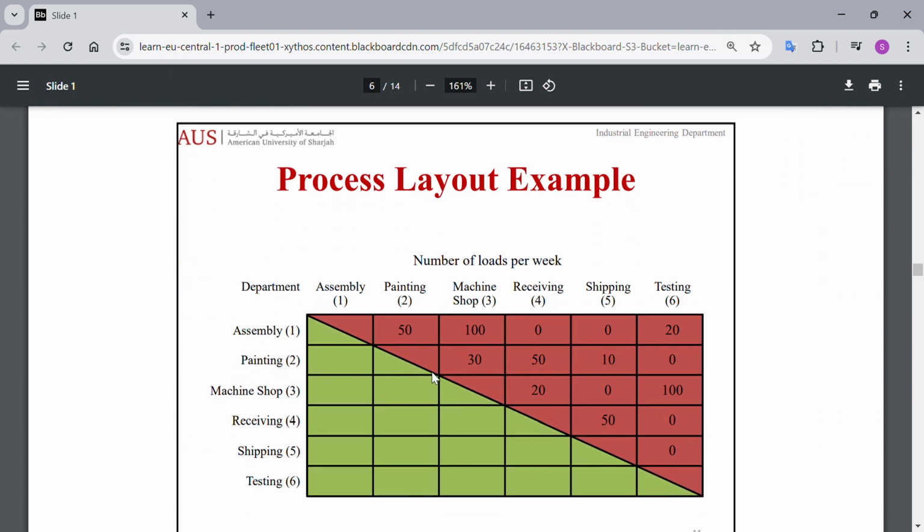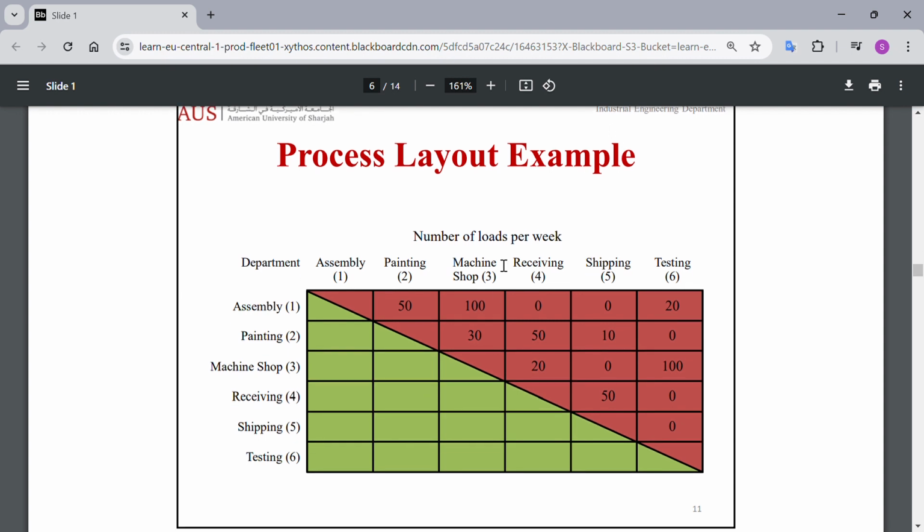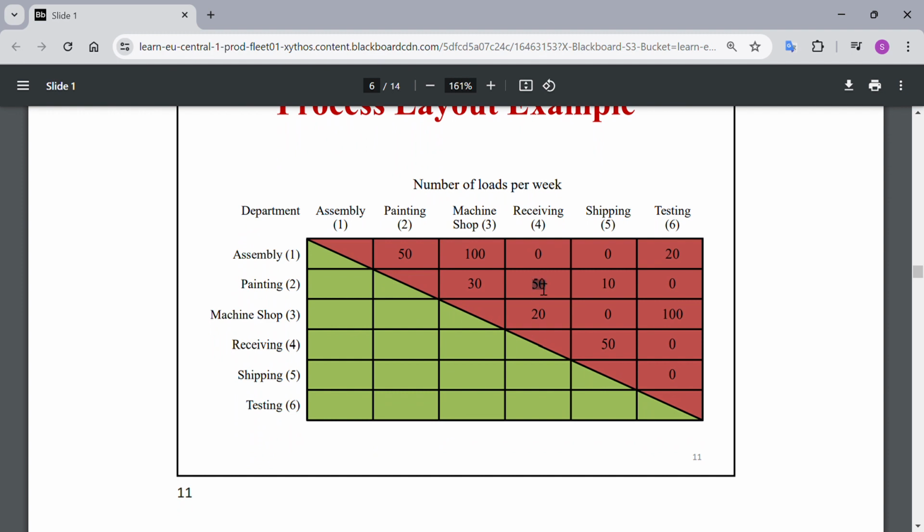So this is our table that we're going to develop. Process layout example: number of loads per week. There is assembly, painting, machine shop. These are all the departments, the 6 departments. So we have what we call the relationship matrix, to relate the different departments: painting, machine shop, receiving, shipping, and so on.